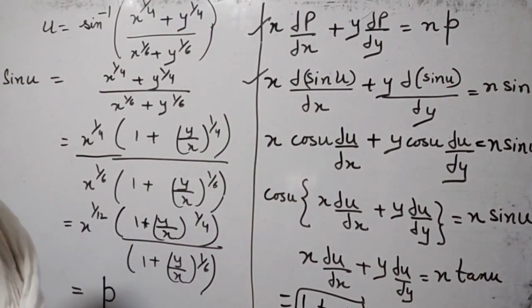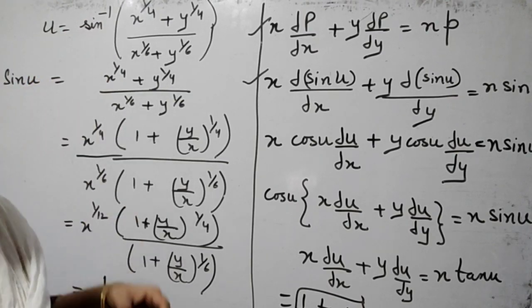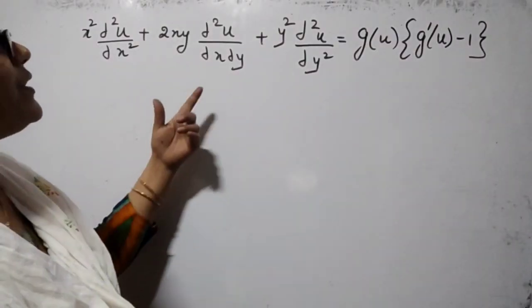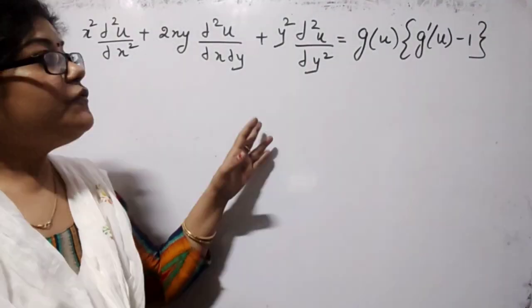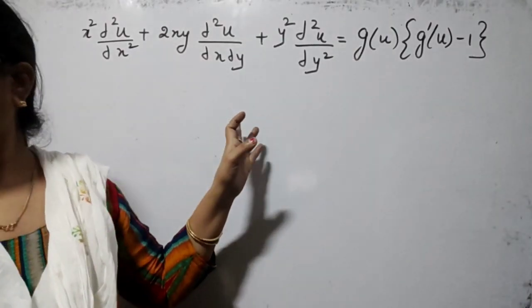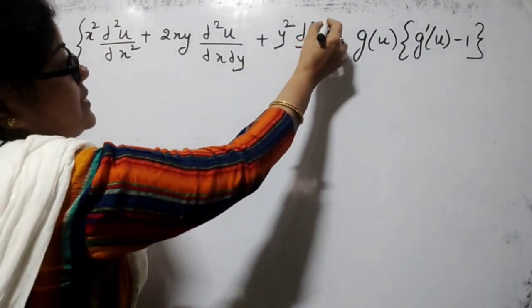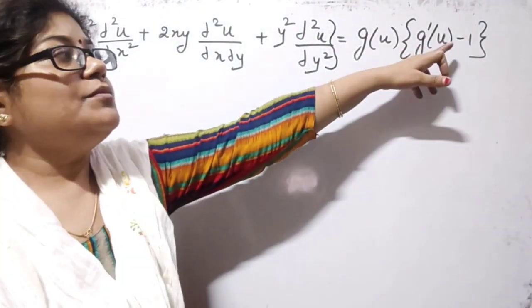Similarly, when you have the problem with cos, then what happens? We just check the case. Now in the earlier question, I told you to verify Euler's theorem for the first degree equation. But for the second degree equation, you just apply this format: g(u) g'(u) minus 1.